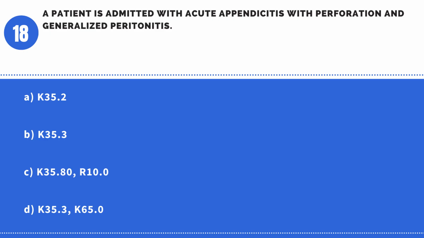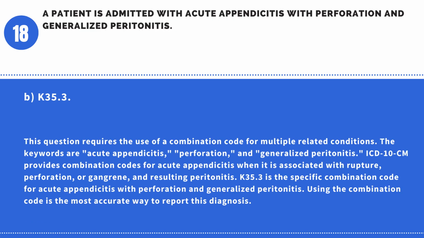D. K35.3, K65.0. Answer: B. K35.3. This question requires the use of a combination code for multiple related conditions. The keywords are acute appendicitis, perforation, and generalized peritonitis.